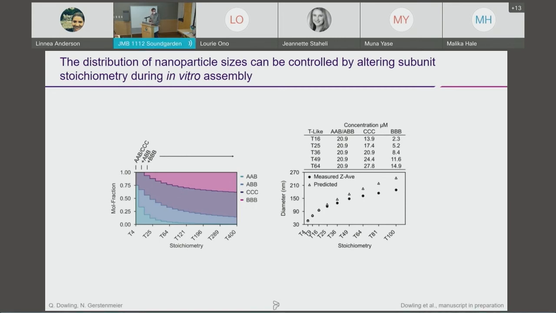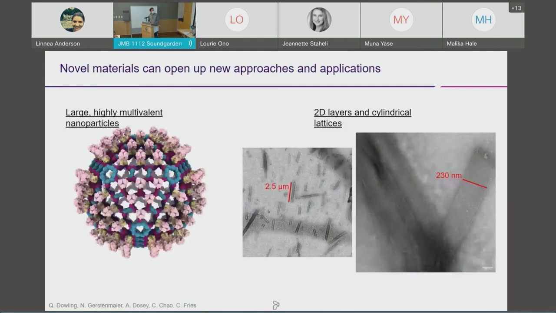And then because the surprises just never seem to stop in this project, the next surprise that we got was the formation of cylindrical lattices. So if you look at these larger structures, again, you get these hexagonal lattices on the triangular faces of these particles. So the homo B and the homo C, which we can't actually see here, it's down there, subunits form these hexagonal lattices.